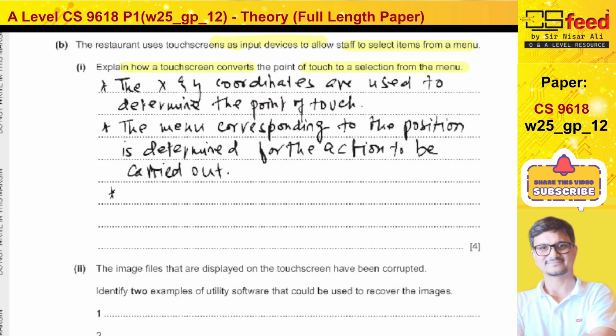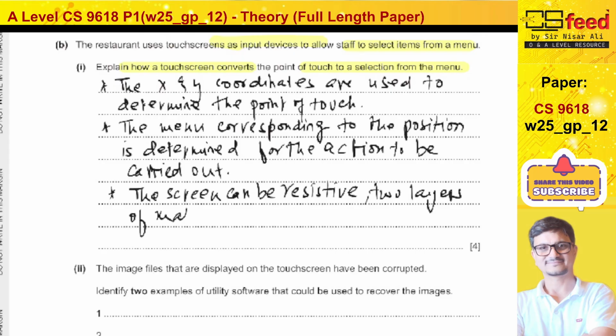The screen can be resistive, which means two layers of material make contact and complete a circuit.